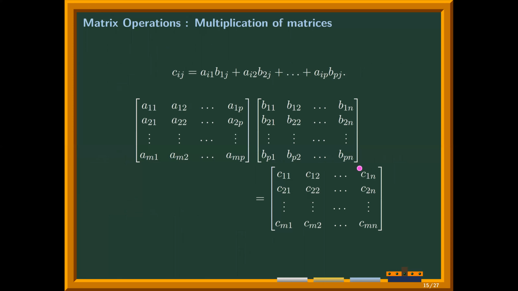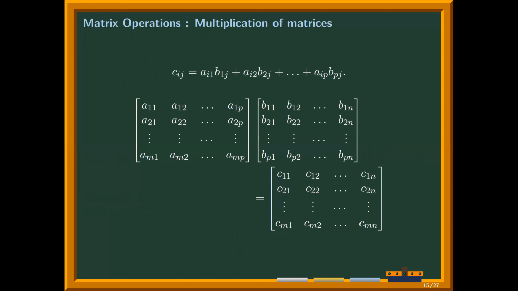To illustrate the rule that we need for the matrix product, let's consider this. Suppose we have matrix A and matrix B, and the matrix product AB will have entries c_ij satisfying this rule.